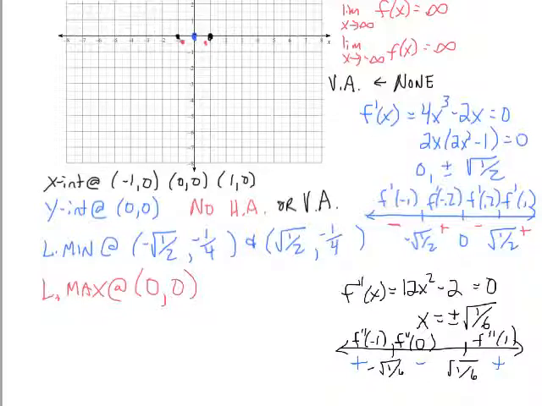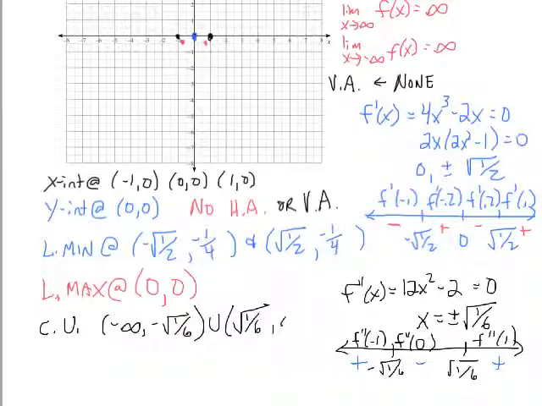So we can conclude that we are concave up from -infinity to negative root 1/6, and from positive root 1/6 to infinity we are concave down from negative root 1/6 to positive root 1/6.